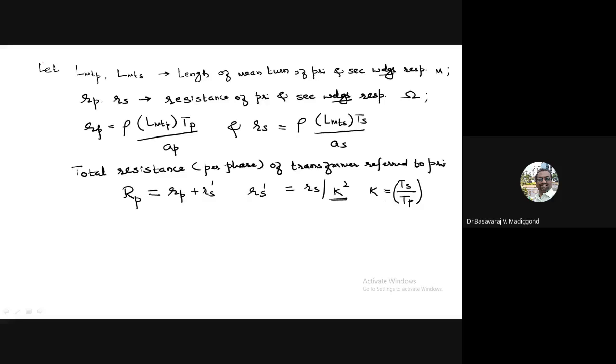This is the transformation ratio, isn't it? So you can substitute that here: Rp plus Rs into either Tp by Ts, or T1 by T2, or P1 by P2 whole square. Okay, just a minute.